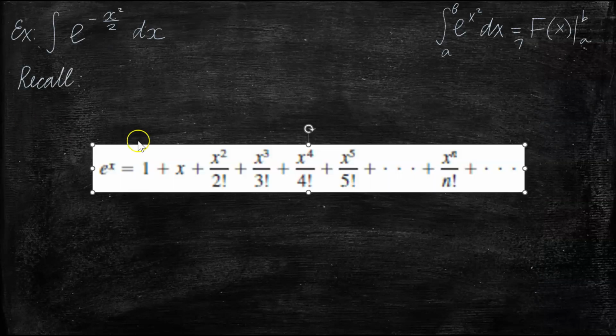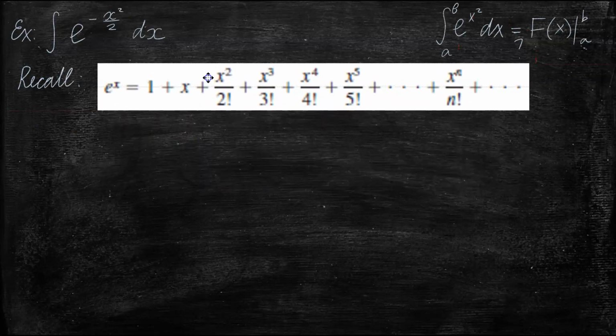The power series representation of e to the x is this, meaning that we can find the power series representation of the integrand function, the function that is inside of the integral, by simply replacing x with negative x squared over 2.